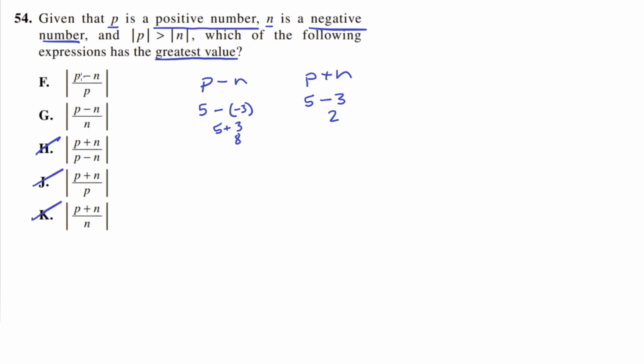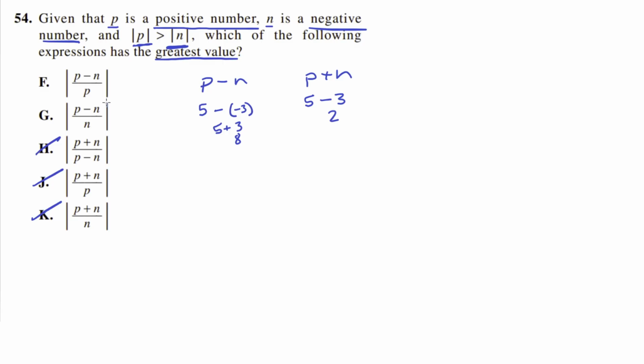Now let's look at the answer choices we have left. We have p and n in the denominator. Well, we know that p is a positive number and n is a negative number, but the magnitude of p is greater than n.